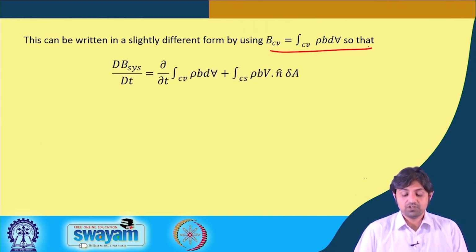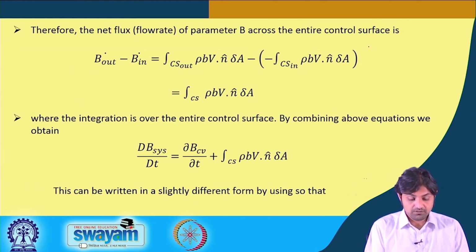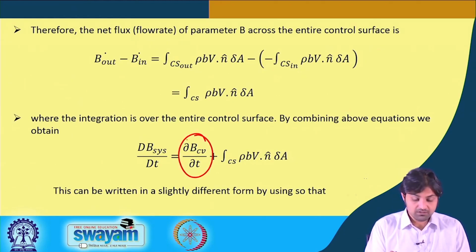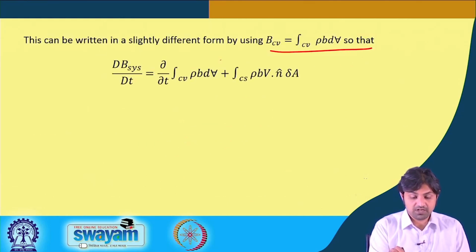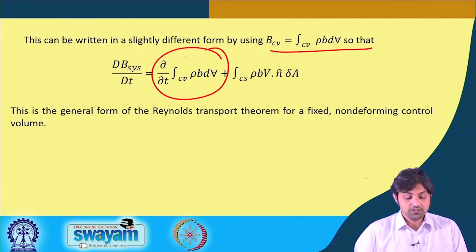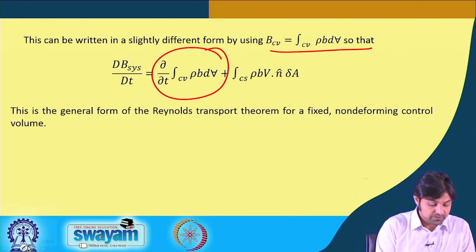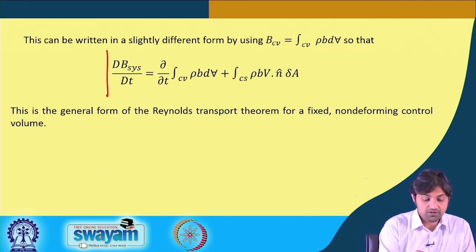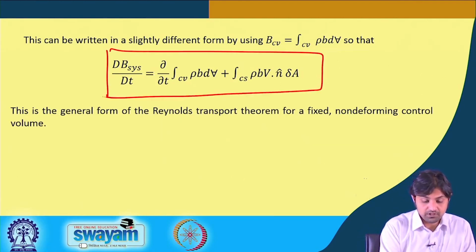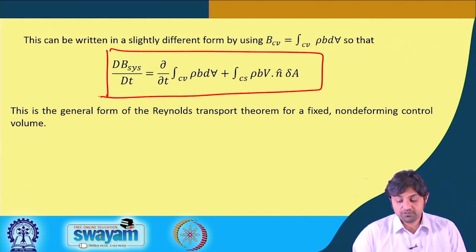We can also write this in this form, del by del t of the control volume integral. So what we did, we just wrote this one in this format. Now this is the general form of the Reynolds transport theorem for a fixed non-deforming control volume.